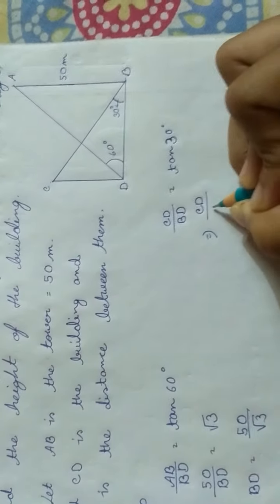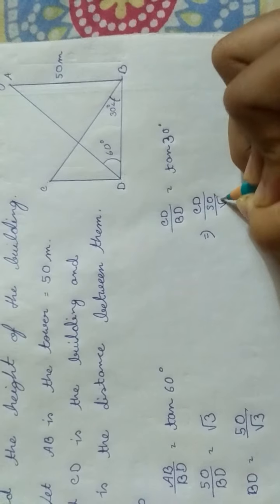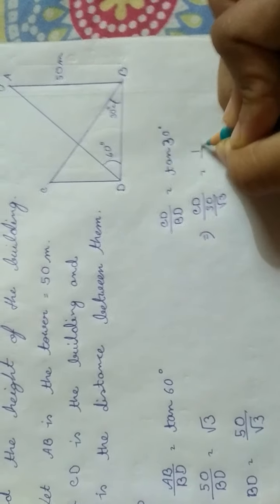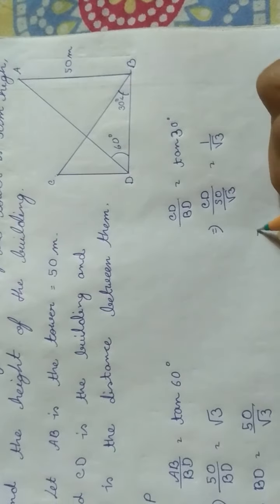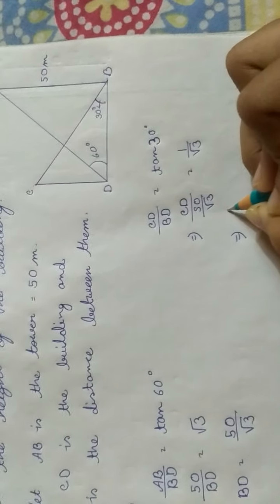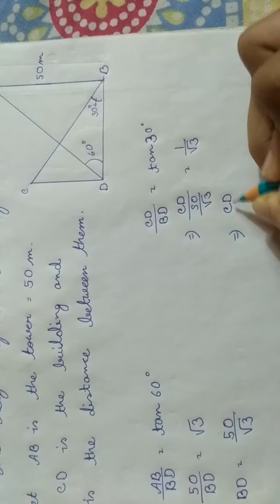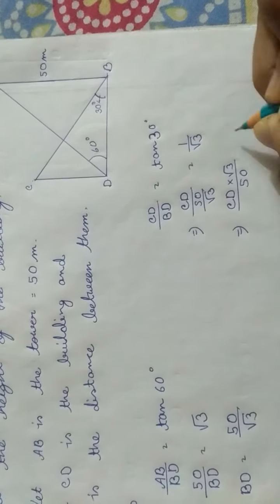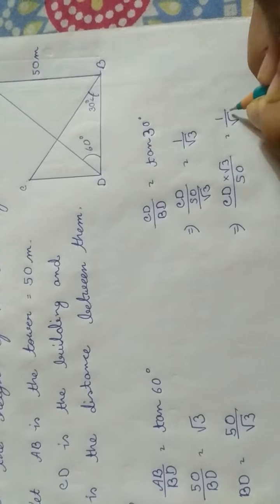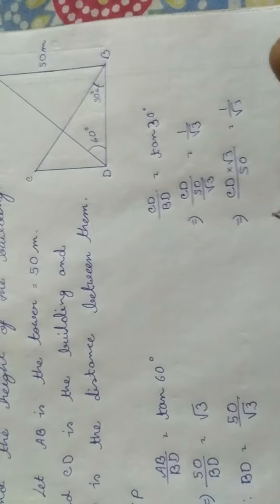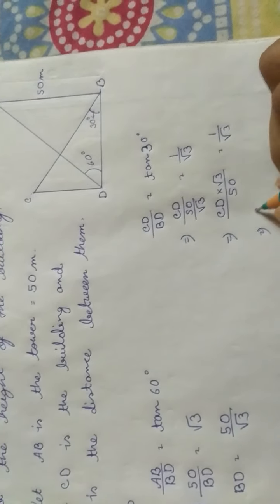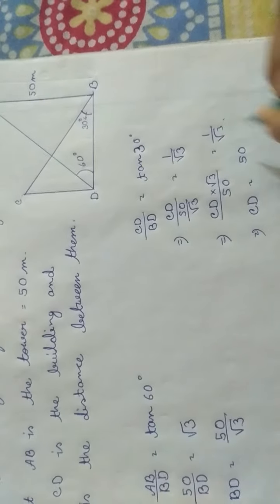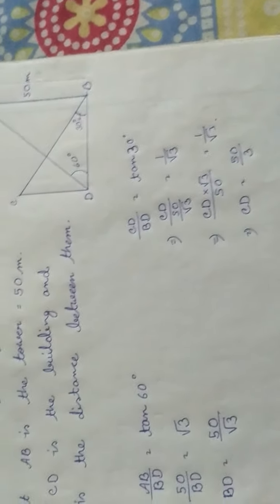So CD, and the value of BD we will put simply, equals 1 by √3. Now it becomes CD into √3 by 50 equals 1 by √3, because this √3 gets reversed, and now 1 into 50 is 50 and √3 into √3 is 3.